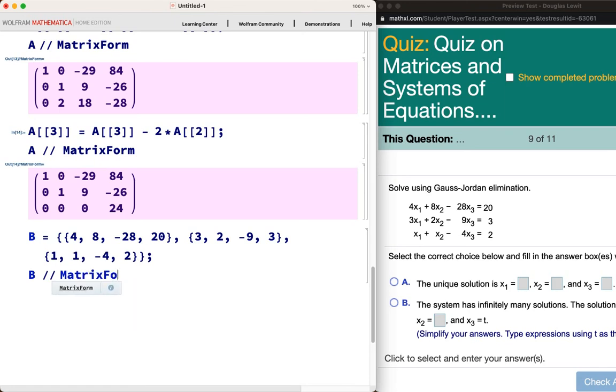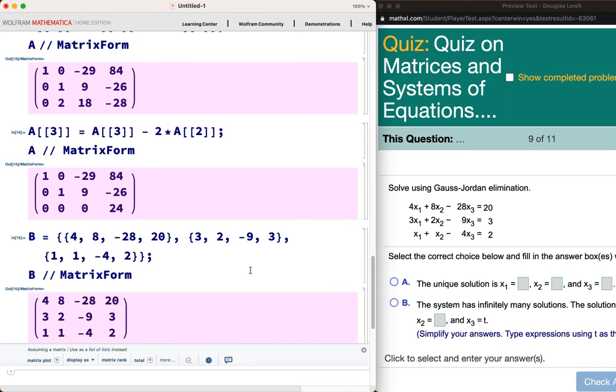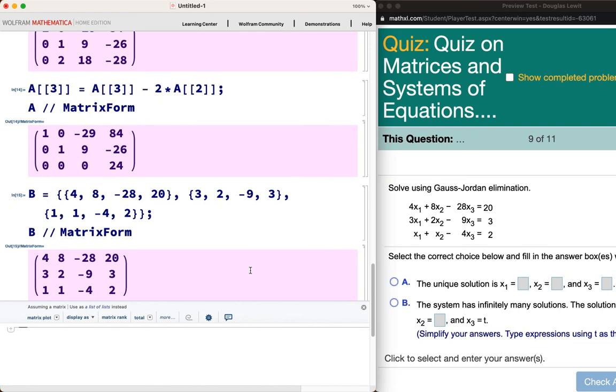Let me make sure the numbers are correct. So 4, 8, negative 28, 20, 3, 2, negative 9, 3, 1, 1, negative 4, 2. So my matrix looks good.